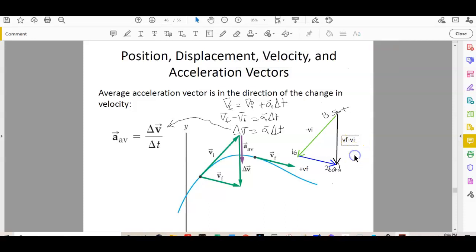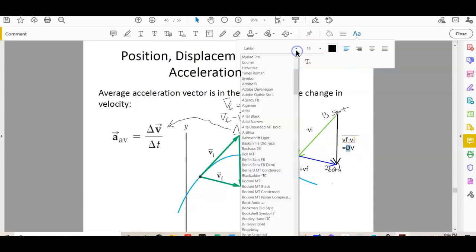which is actually v final minus v initial. It is delta v. This is the change in velocity vector. And that is delta v. And I'm going to change this to a symbol.